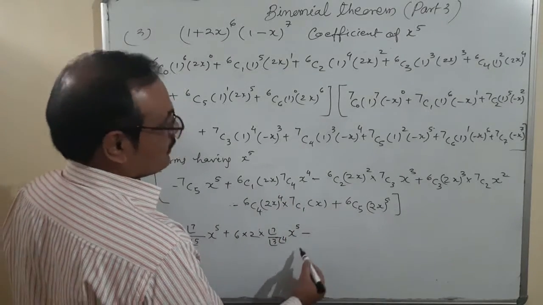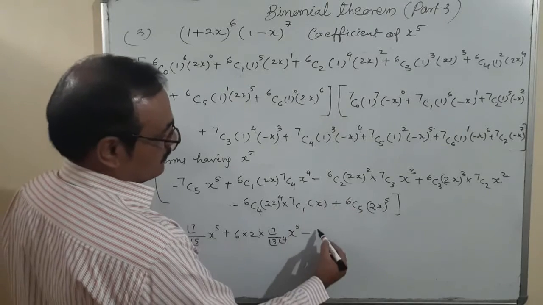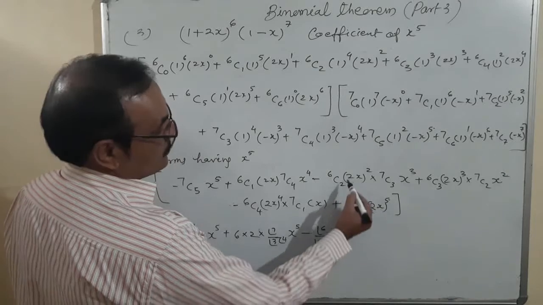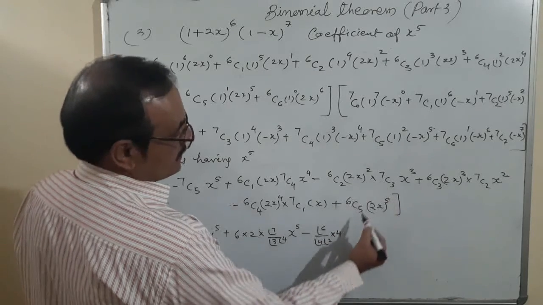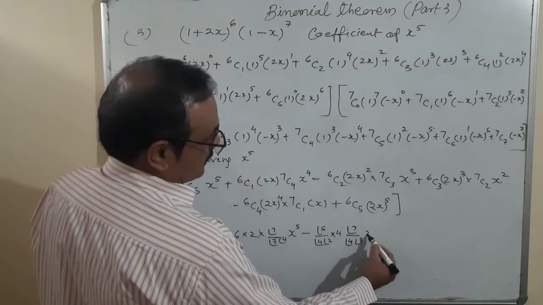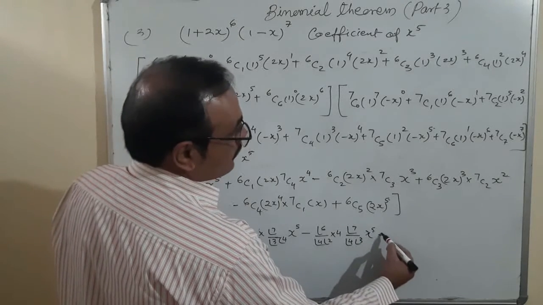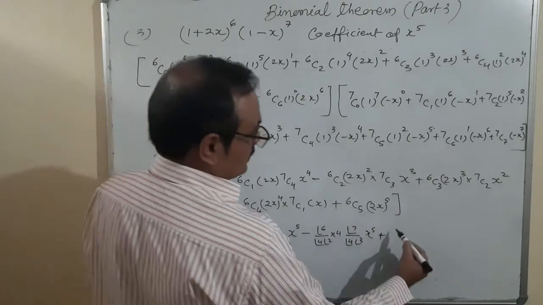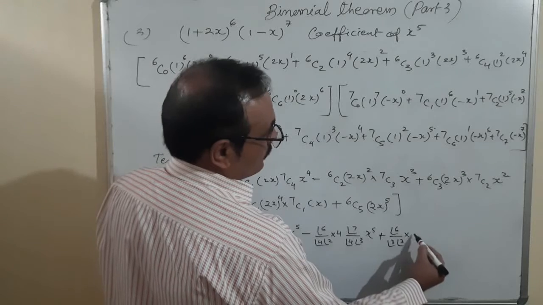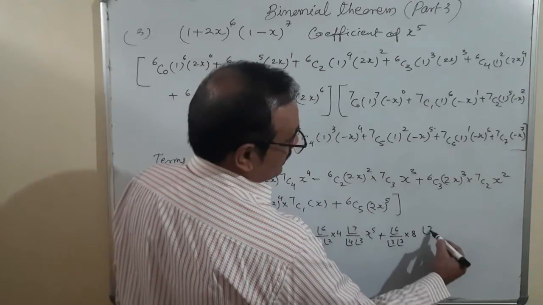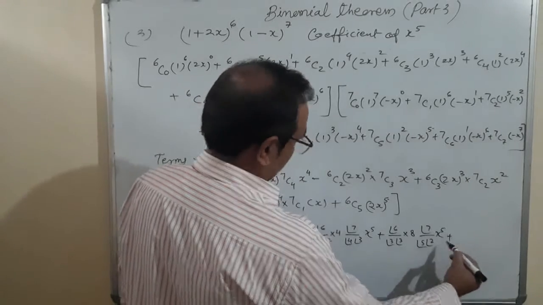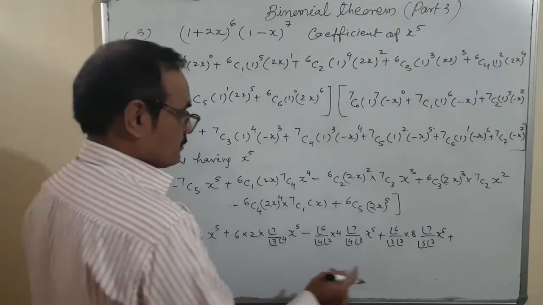Minus 6c2, factorial 6 upon factorial 4 and factorial 2, 2 to the 4, 7c3, factorial 7 upon factorial 4, factorial 3, x to the power 5, plus 6c3, factorial 6 upon factorial 3, factorial 3, 2 to the 3, 7c2, factorial 7 upon factorial 5, factorial 2, x to the power 5, plus, no, it is minus.